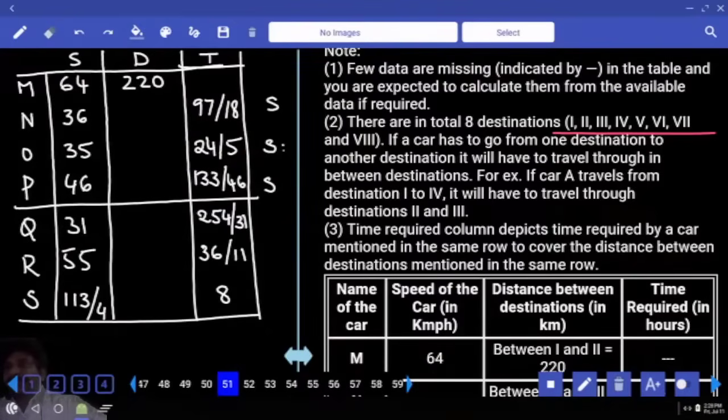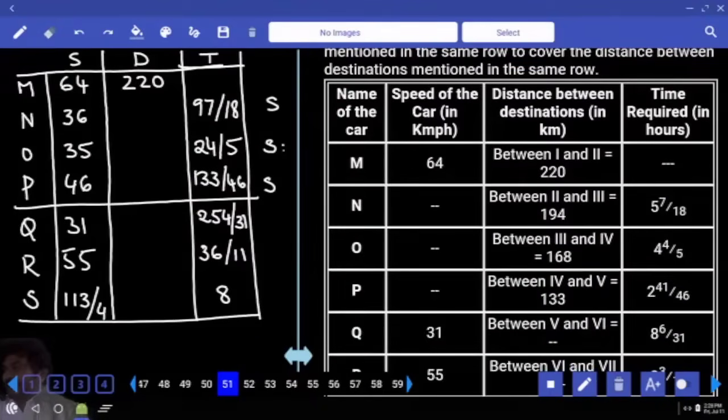So instead of every time adding, I want to take cumulative distance till P. 220 plus 194, 414. 414 plus 168, 582. Are you following? 582 plus 133, 715. Till here we have got cumulative.